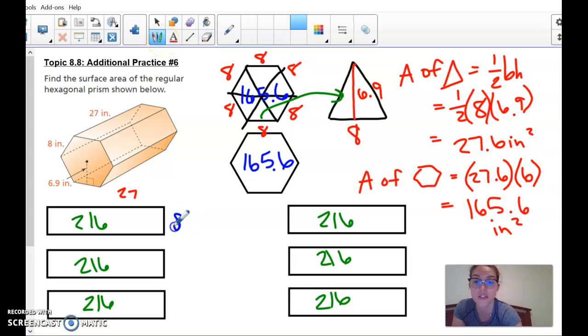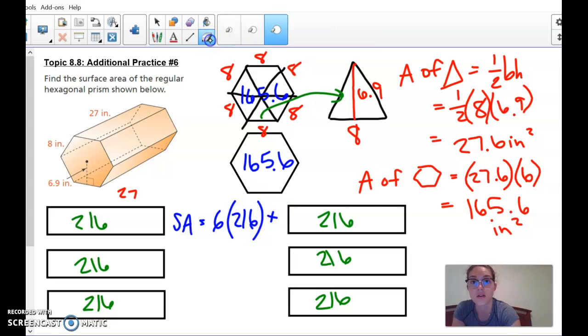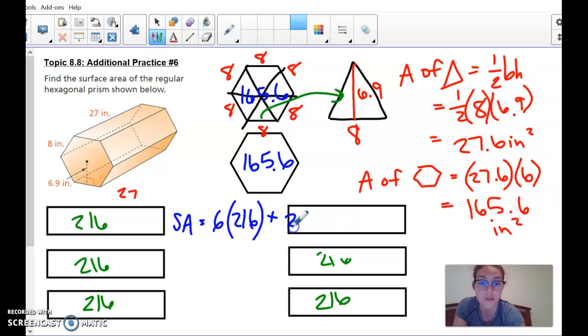So the surface area is equal to all of the rectangles, and there are 6 of them. 6 times 216 plus, we also have the area of the 2 hexagons, which is 2 times 165.6.